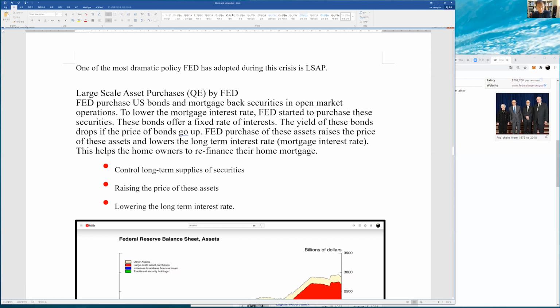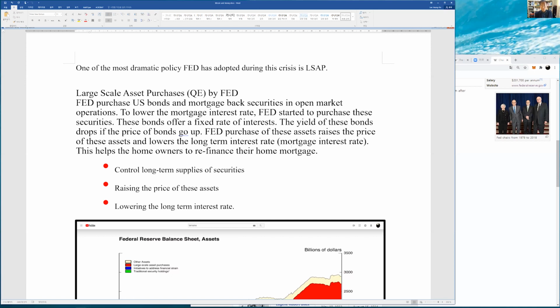So it lowered the long-term interest rate, and the mortgage interest rate, which is tied to the long-term interest rate, is lowered as well. Since the mortgage interest rate is lowered, people can refinance their home mortgage.